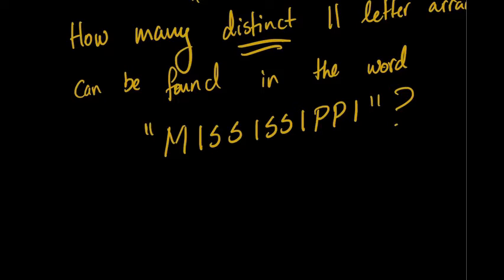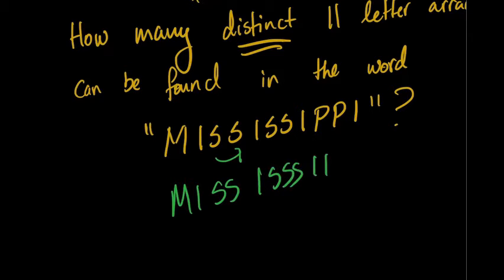Now, the reason why I underlined distinct is because there is no difference between this and if I were to switch out these 2 S's and I were to get M, I, S, S, I, S, S, I, P, P, I. There is no difference between these two words, yet between these two letter arrangements.